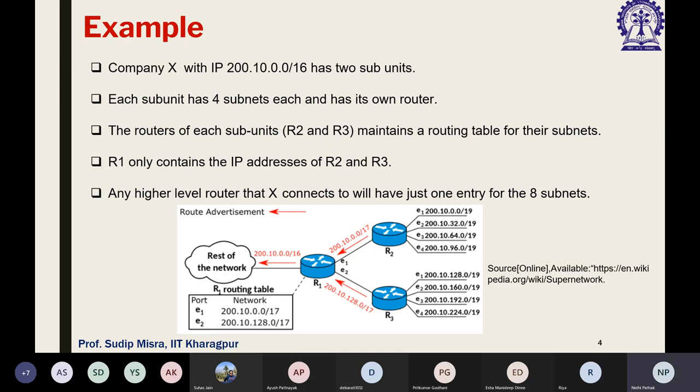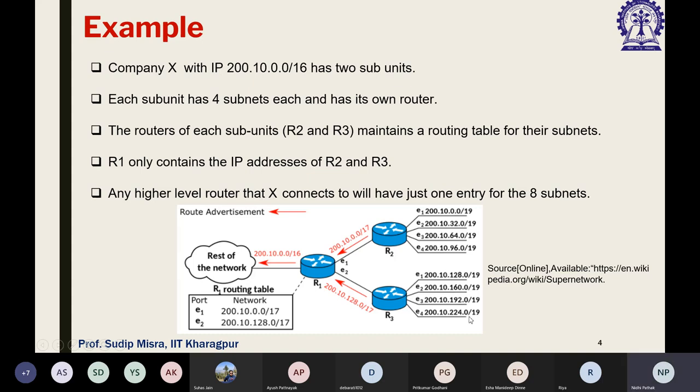Now let us try to understand this concept. Let us say that you have some company with this IP address, and let us say that this company has 2 units. This is 1 unit, and this is another unit.